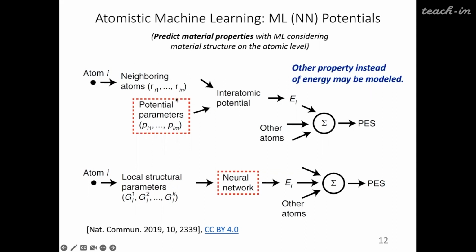They took atomic positions and selected potential functions and potential parameters that upon optimization allowed them to predict system energies or even different properties with the lowest possible error.